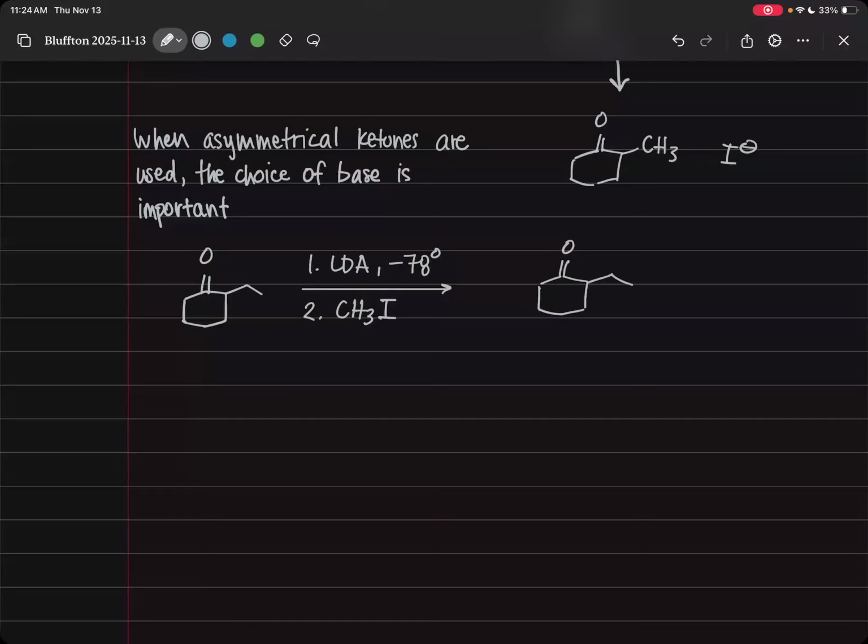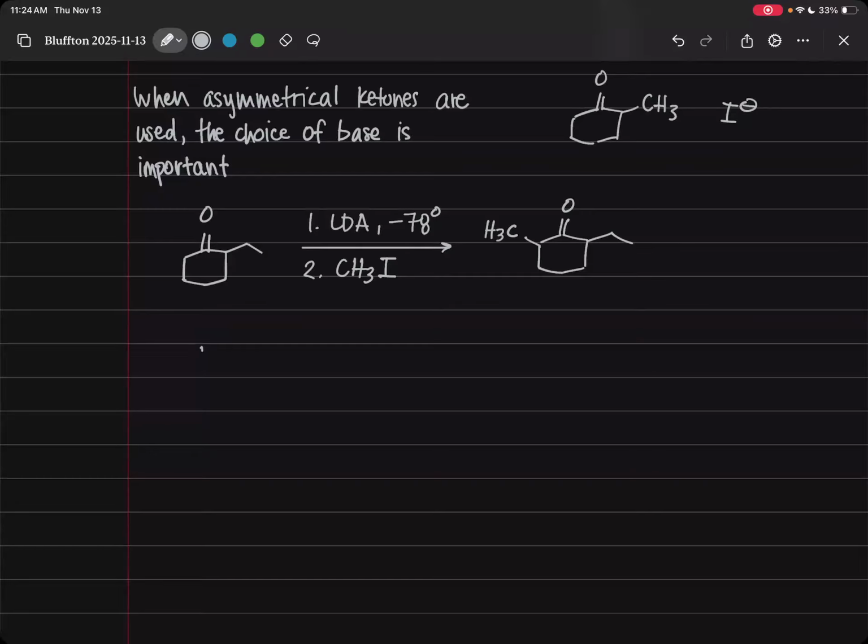So if we do that, we get this isomer, where our ethyl group and the methyl group that's just been added are not on the same carbon. Or we can do like above, sodium hydride at room temperature, typically, and methyl iodide.